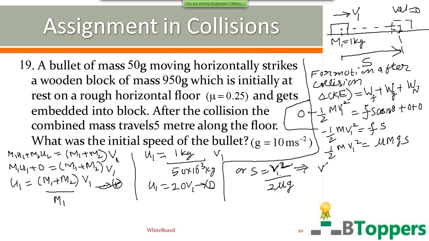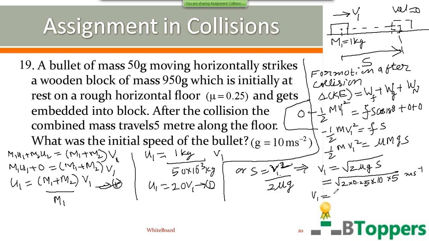Okay, now V1 you can write root of 2 mu g S. You can write mu equal to 0.25, g equal to 10 meter per second square and S is 5 meters. You can simplify this.